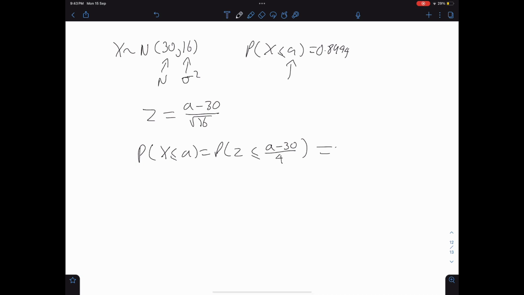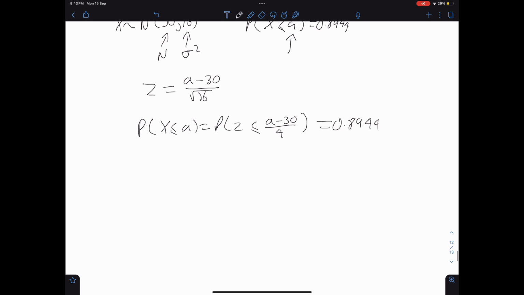And that's equal to 0.8944. And now here's what, and we say that then this is equal to phi of (a minus 30) over 4. If you remember in the last video, we talked about how phi literally means, okay, the probability it's less than this z value in the standard normal distribution. And then when we have a function, we can inverse this.